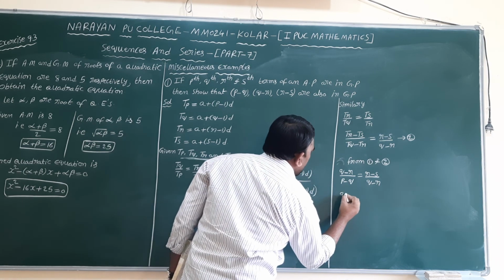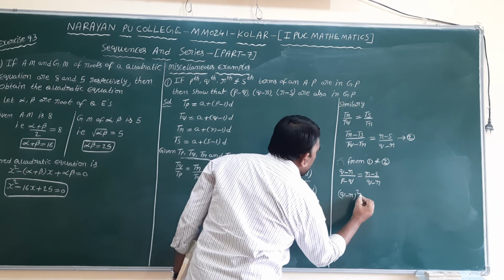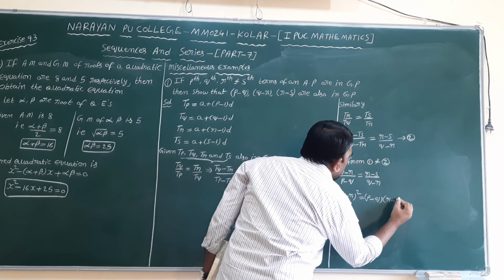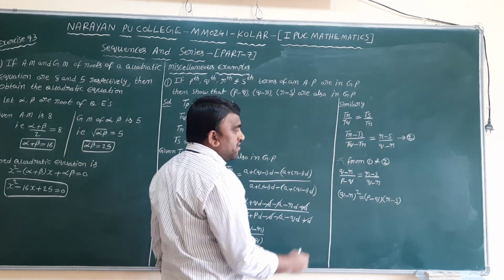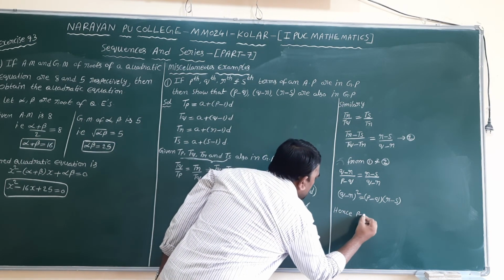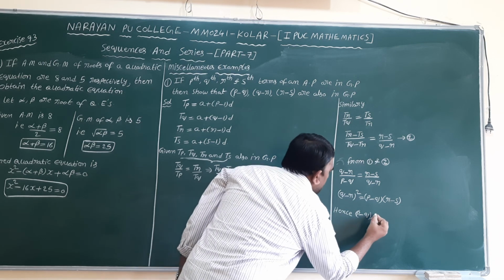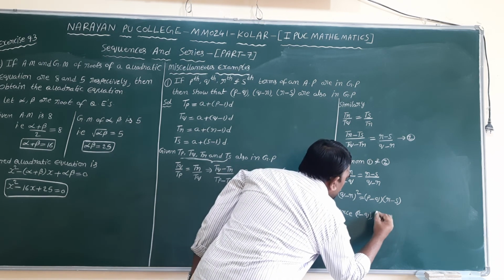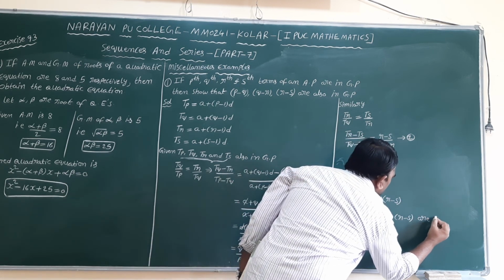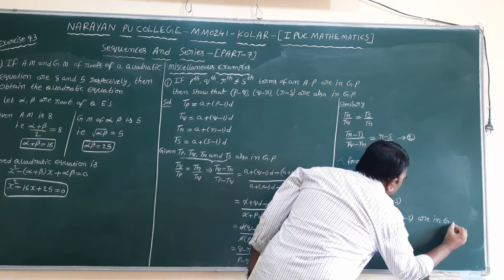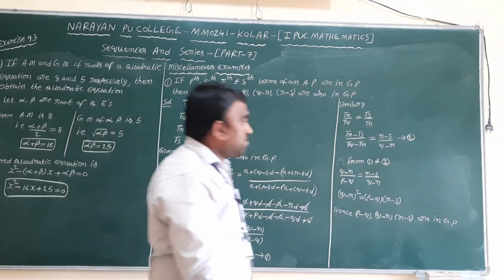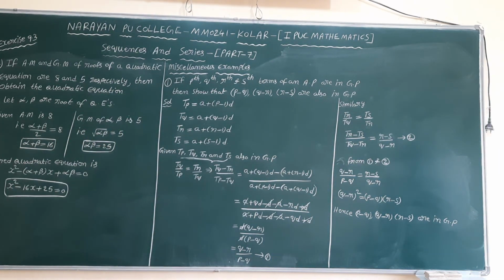Cross multiply. q minus r whole square equal to p minus q into r minus s. It is in the form of b square equal to ac, then it is in GP. Hence p minus q, q minus r, r minus s are in GP. He is asking to prove the terms are in GP. We proved in the same manner.